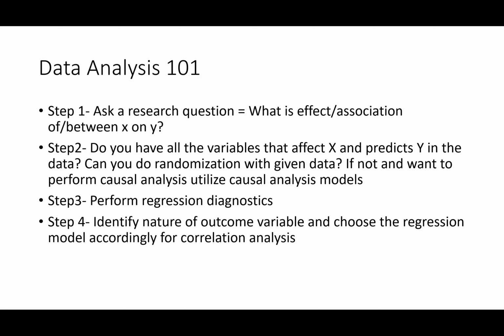You have to look into the data and see the ones that affect X and predict Y, as I said prior. Can you do randomization with the given data? If not, that means there is a selection bias. There are confounding factors. So you would basically be doing a correlational analysis and not a causal analysis, if you don't have all the variables and if you don't know how to do a causal analysis.